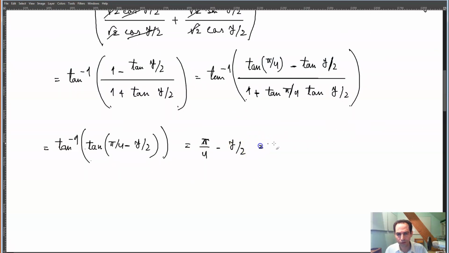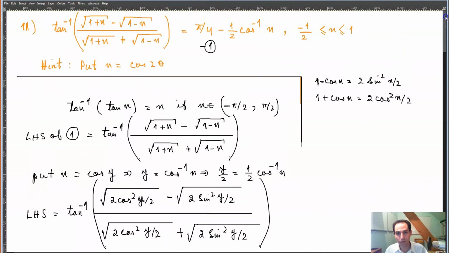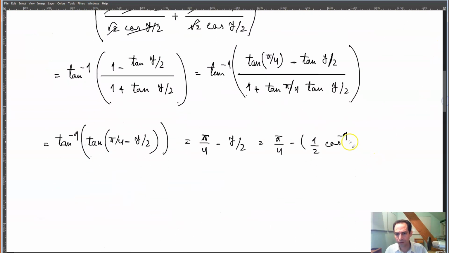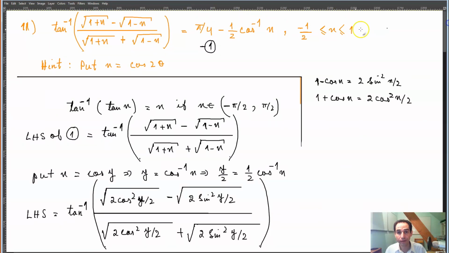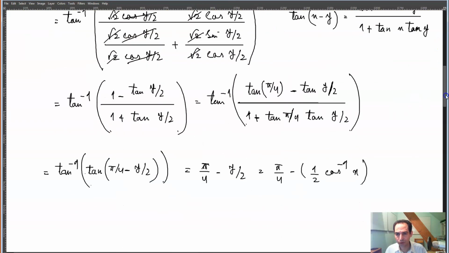So you can write this as pi divided by 4 minus 1/2 times cos inverse of x. Now that's what we wanted to show, and therefore this is equal to your RHS, and therefore the identity is proved.